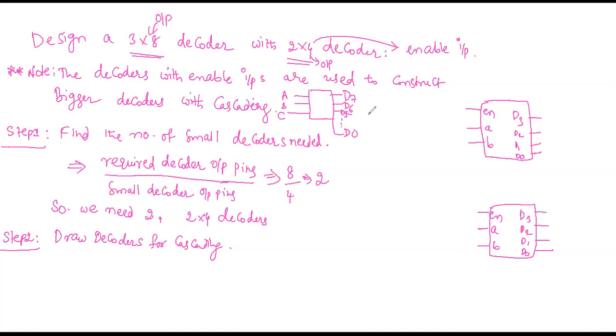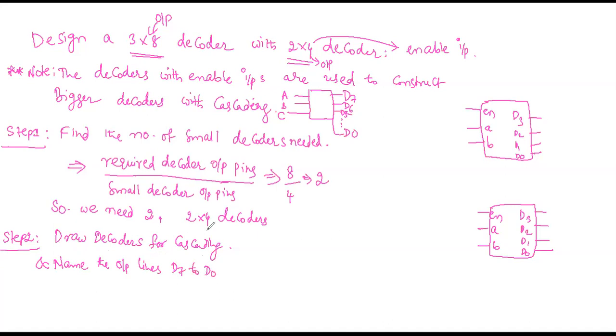Now the first thing, draw the decoders for cascading and name the output lines D7 to D0.